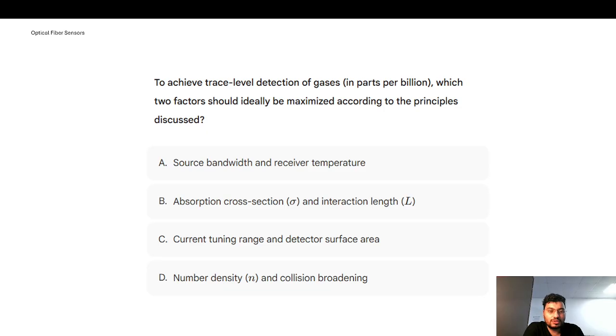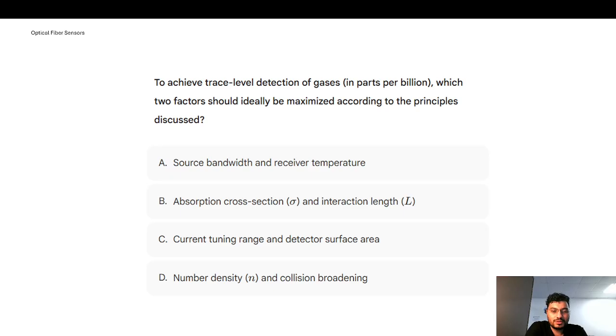Moving towards the next question, to achieve trace level detection of gases in parts per billion, which two factors should ideally be maximized according to the principles discussed? Option A, source bandwidth and receiver temperature.